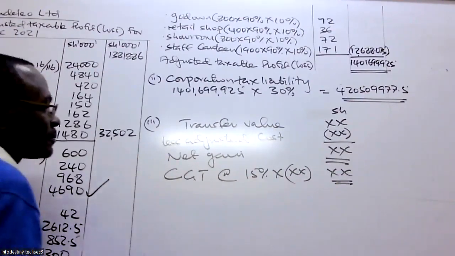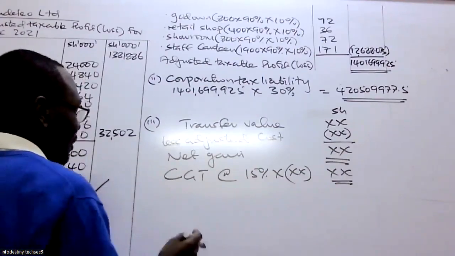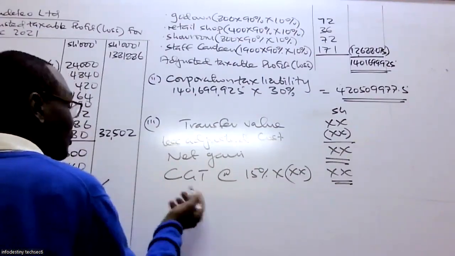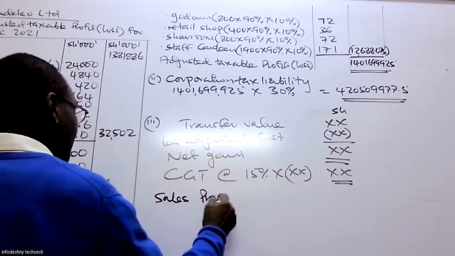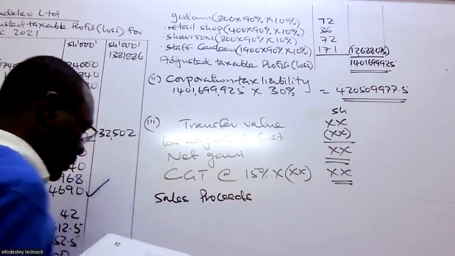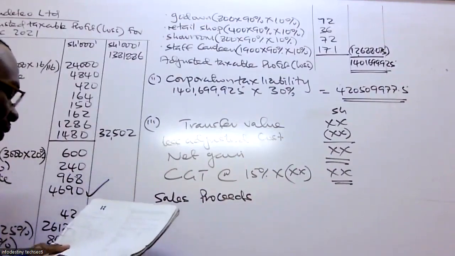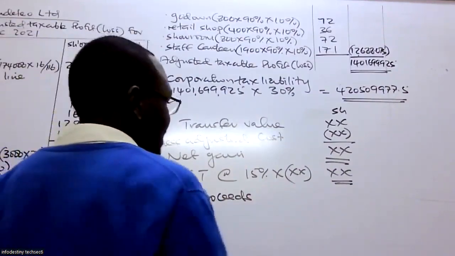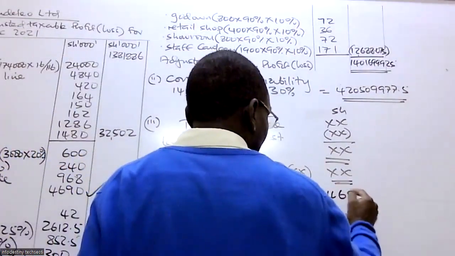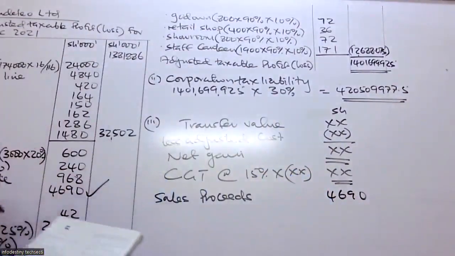Okay, so we get sales proceeds. We are looking for transfer value. Sales proceeds of the building was 4690.